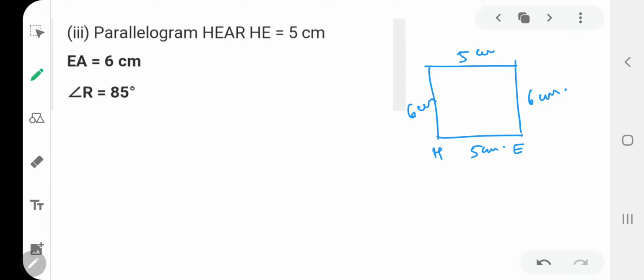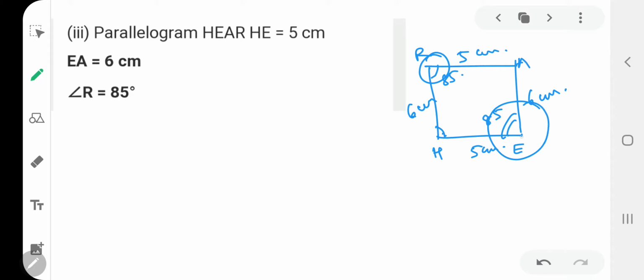So this will be 5 centimeter and angle R, HEAR, this is 85. Now my dear kids, in the parallelogram property, the opposite angles are equal and they have co-interior angles also. So if you want to make it like that, you can use this. This angle will be 85 because opposite angles of a parallelogram are equal. So you can mark this as 85.